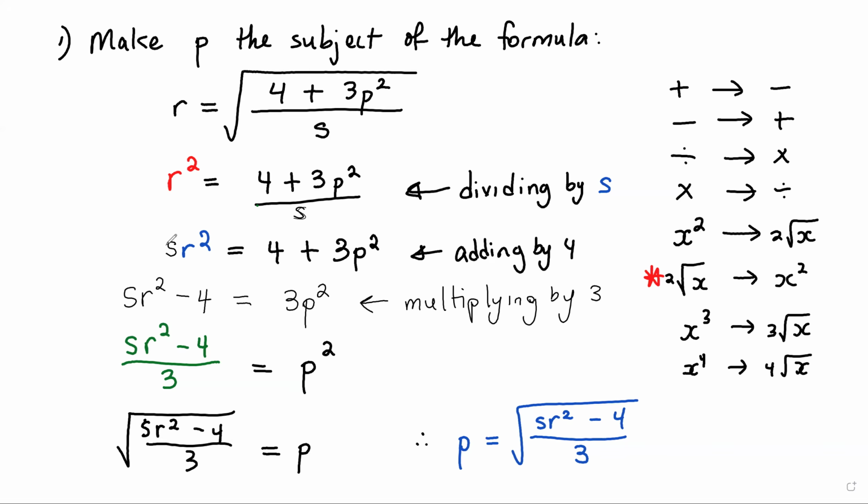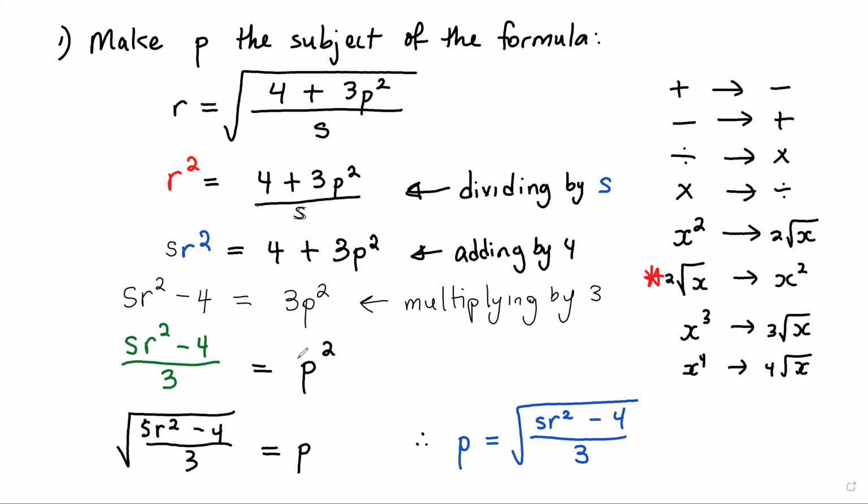So when I move S to the other side, I will have SR squared is equal to 4 plus 3P squared. Now, here, this is 3P squared plus 4. So to get rid of addition, a term that is added, when you move it to the other side, you would have to minus. So this will become SR squared minus 4 is equal to 3P squared.